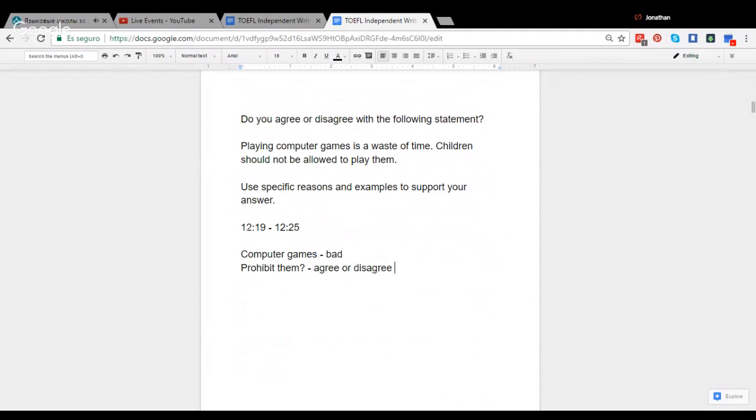I don't like the idea of prohibiting things, because in my experience with my kids, anytime I say no, that just makes them want to do it even more.